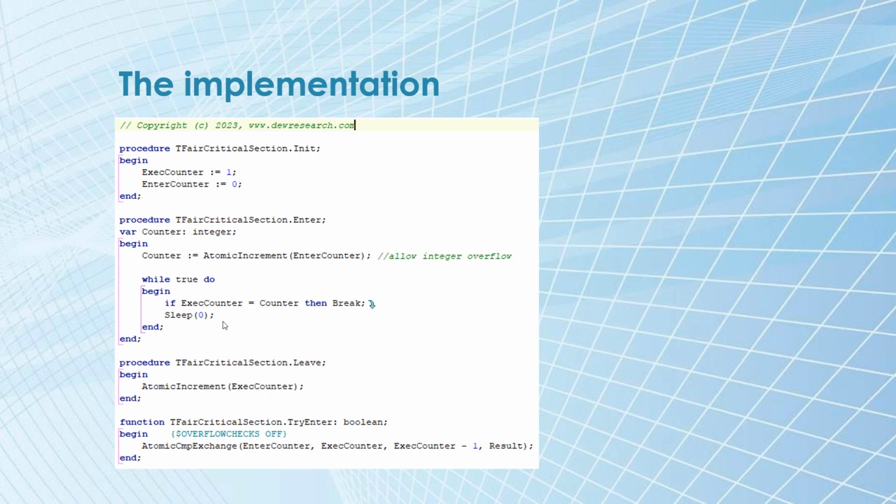This critical section will cause a very high thread context switch rate, higher than what will be triggered by the Windows operating system's critical section.